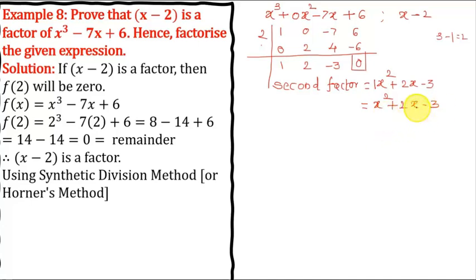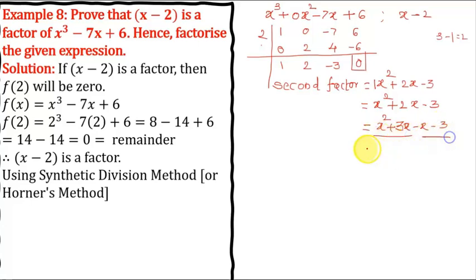Now this is a quadratic polynomial. Now factorize this. Multiplication of the first term and third term is minus 3. Find out the two numbers such that whose sum is plus 2x. Means what? That is plus 3 and minus 1. Therefore, you can have this like this, x square plus 3x minus x minus 3.